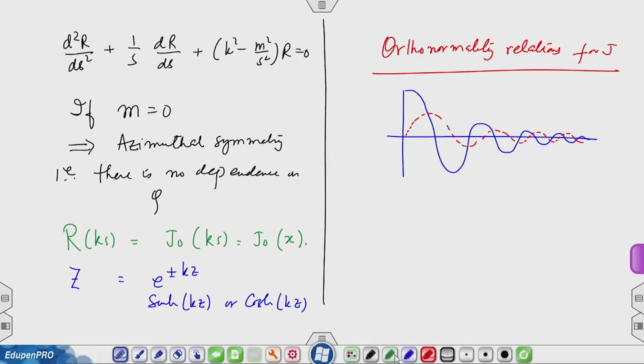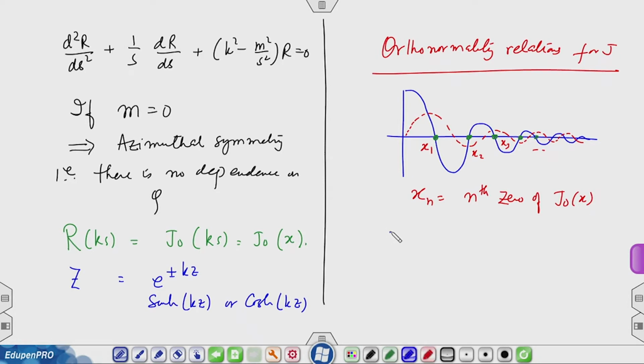So, there are many zeros of this function at different points, which I am showing by these green dots. I am going to number them, and right now we are considering only the 0th J. So, I am going to call this x1, x2, x3, and so on, or xn is the nth zero of J0(x).